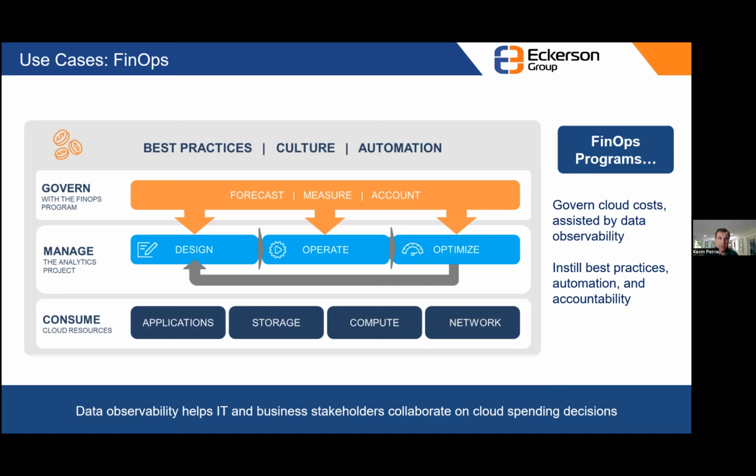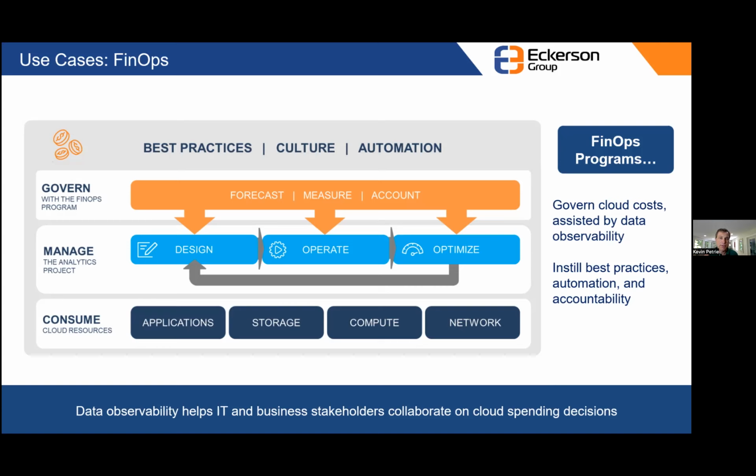Exclamation point there, cloud compute is very pricey, or can be, and network infrastructure as well. So what we find is that data observability assists these FinOps programs, because you can get visibility into how pipelines need and consume cloud resources. You can better forecast and measure and account for that.